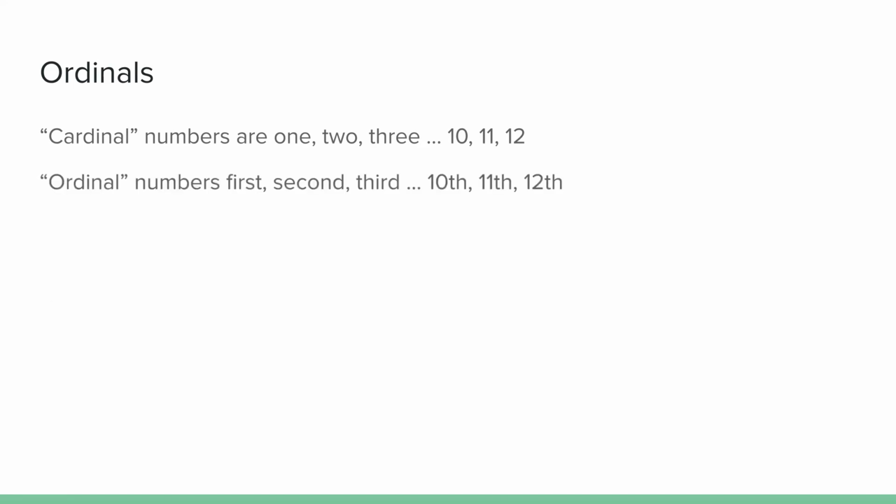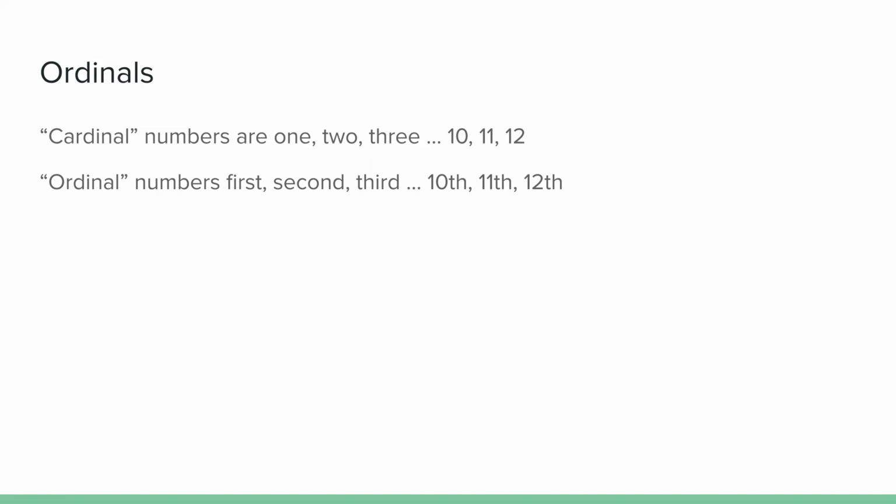And finally, ordinal numbers. This is just some terminology and some usage I want to talk about, but a cardinal number is like a number you would use for counting. So 1, 2, 3, 10, 11, 12, those are called cardinal numbers. An ordinal number is numbers that you use to rank things or to put them in order. So the ordinal numbers are first, second, third, 10th, 11th, 12th.